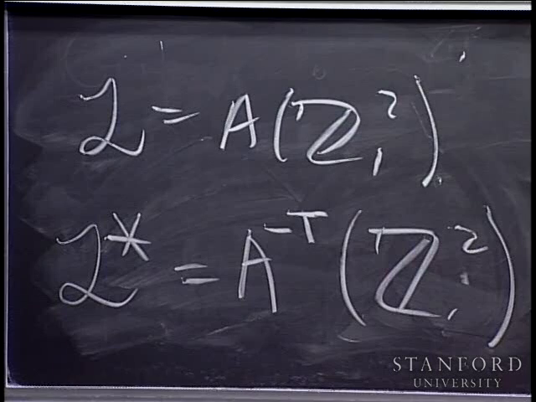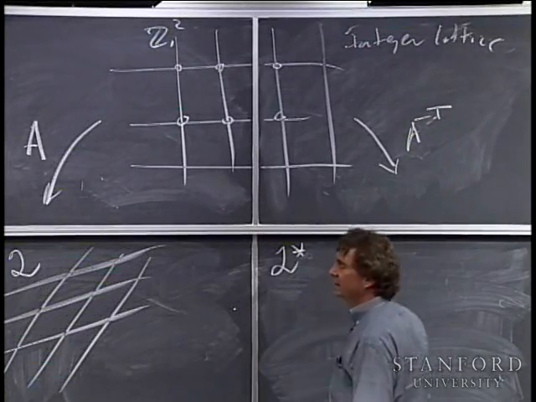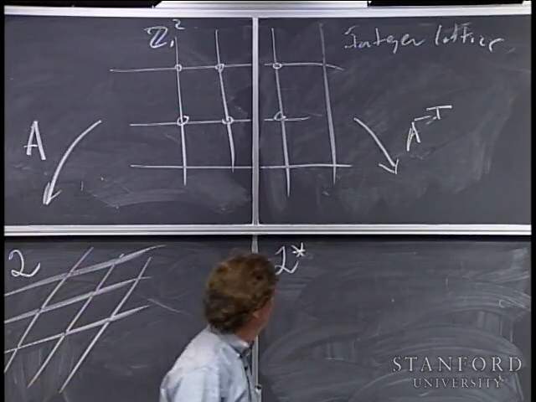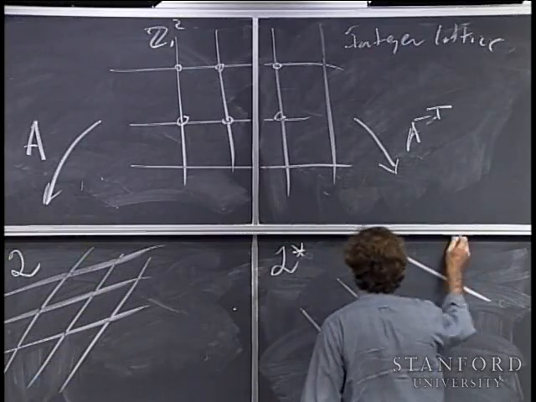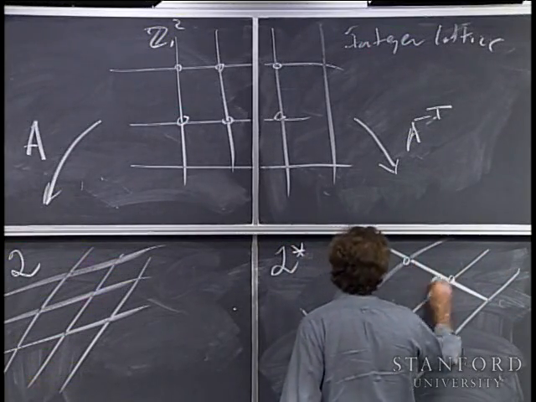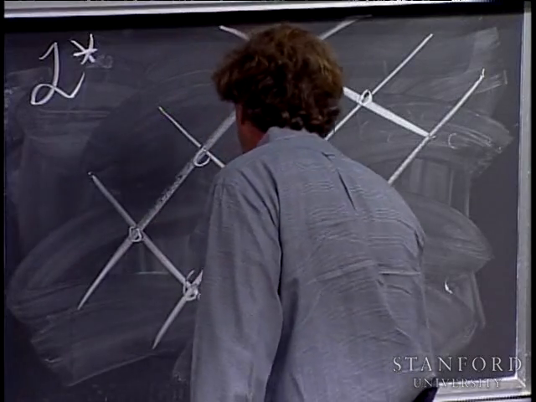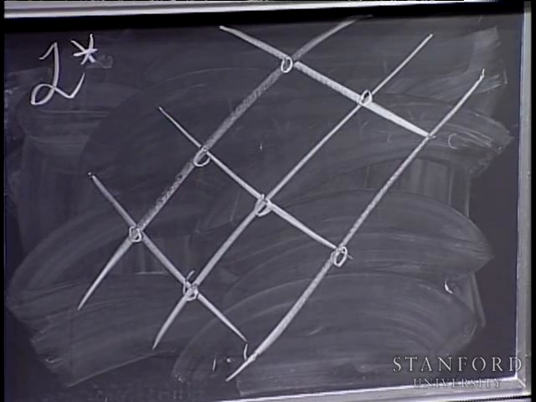All right. So they take A inverse transpose. A inverse transpose. Now that's also another linear transformation, so it goes into another lattice, all right? And I don't have great confidence in actually how I draw it, but something like this, say. L star. And they call that the reciprocal lattice.